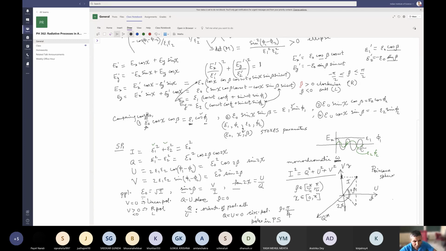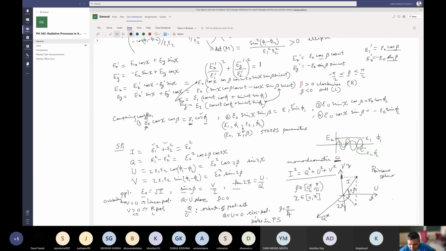Right, so V equal to 0. If your Stokes parameter V is 0, this is linear polarization. V is therefore also called the circularity parameter.